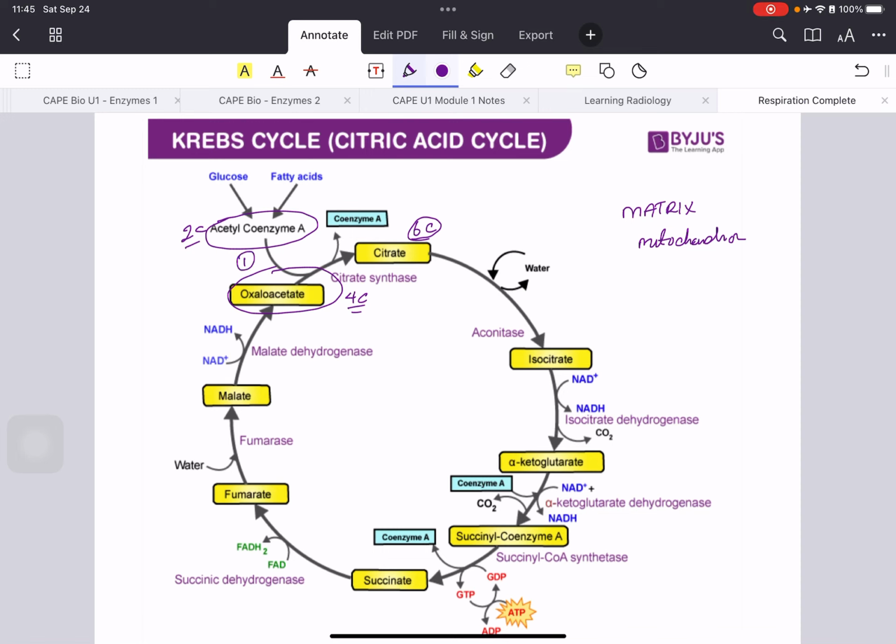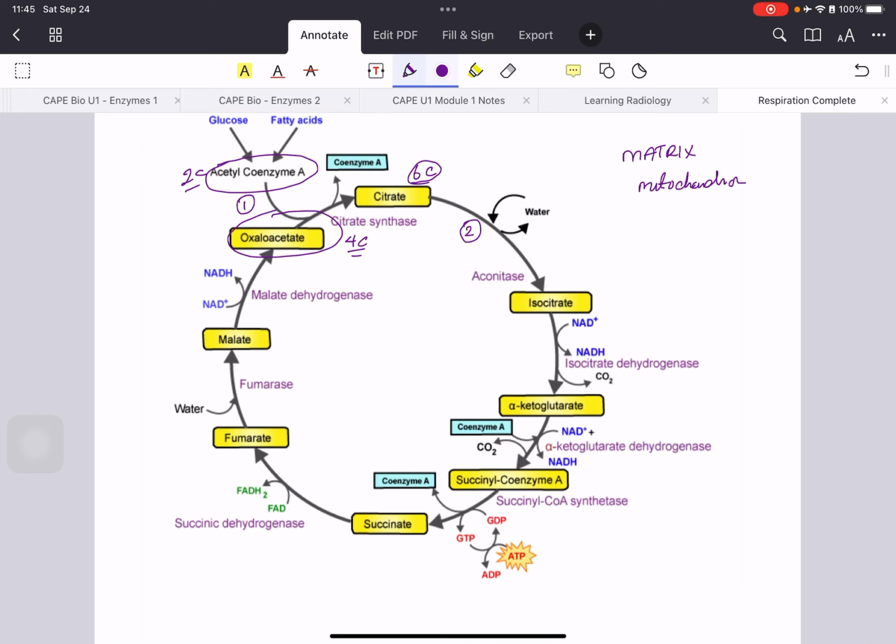So that was the first step, oxaloacetate combining with acetyl coenzyme A to make citrate. The second step is very simple. Citrate converts to isocitrate. It's basically the same thing, just an isomer of the other. Now isocitrate in the third step undergoes a dehydrogenation and decarboxylation reaction. That might sound complicated, but that's actually the same thing that happened to pyruvate in the link reaction.